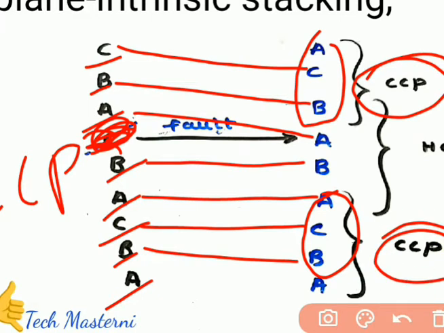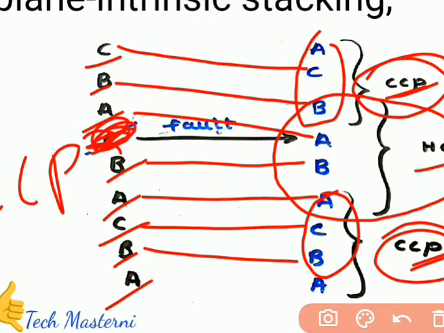But in between two CCP structures, now we can see there is BABA, which is HCP structure. So in a stacking fault, between two CCP structures, we have created one HCP structure. So this is called stacking fault.